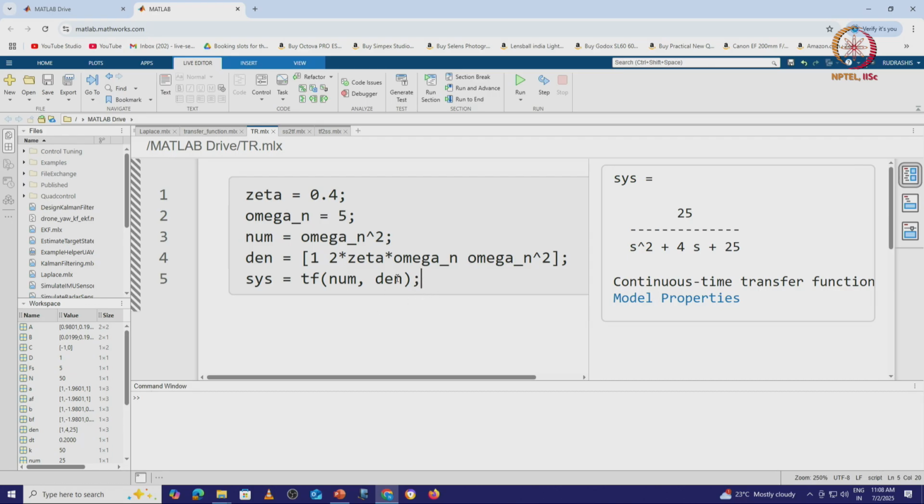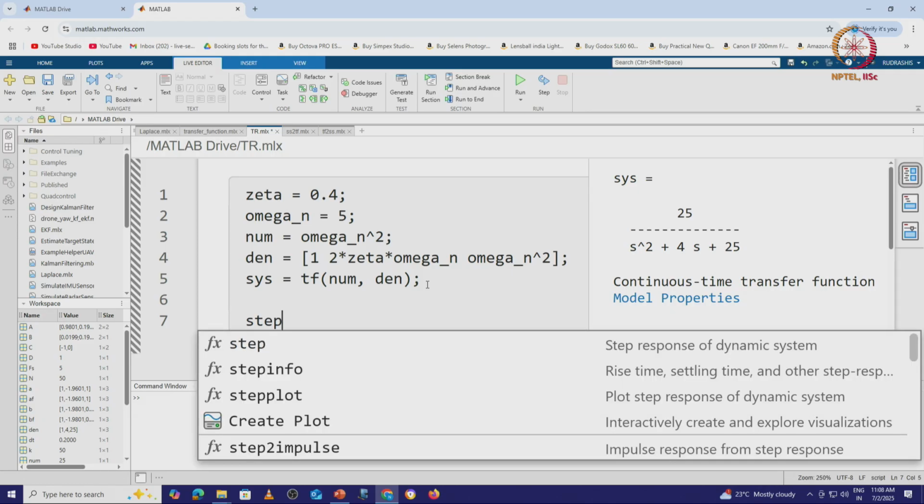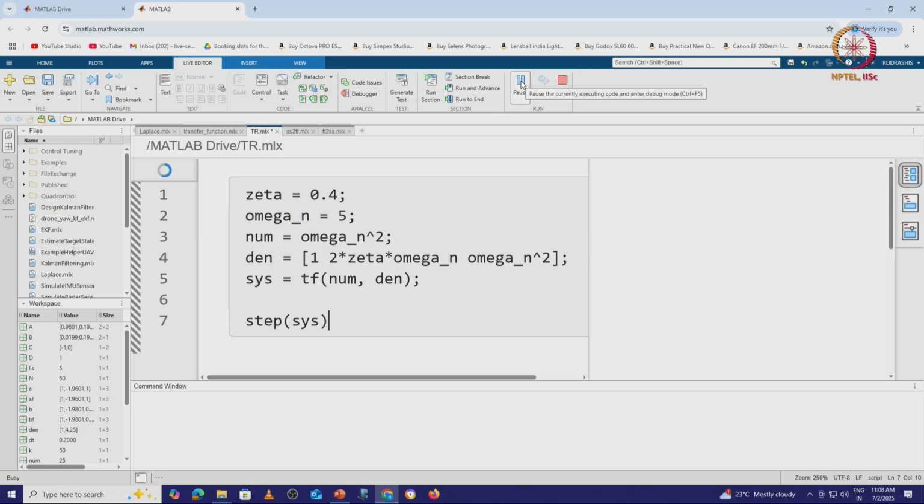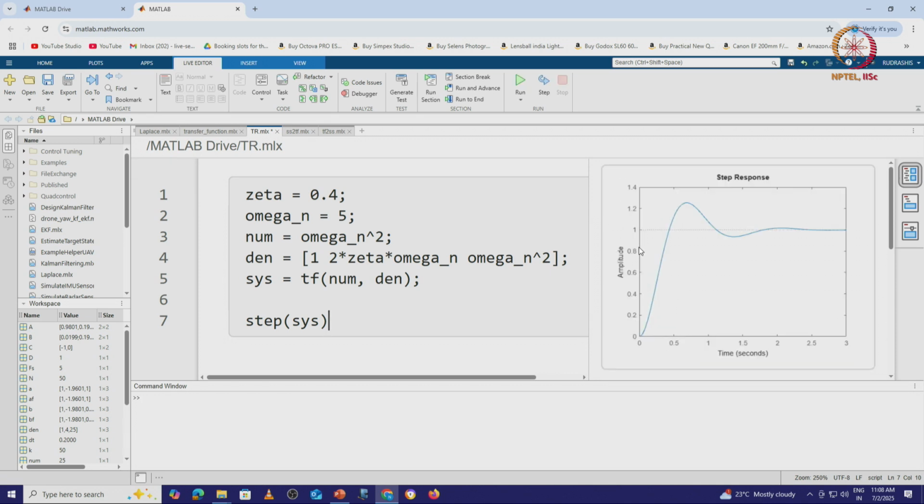Now we will see how the response looks if we give a step input.